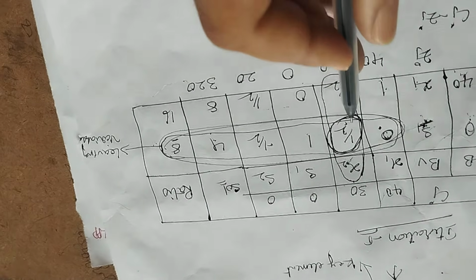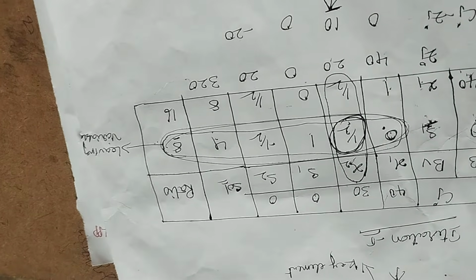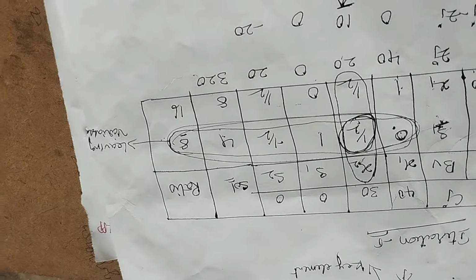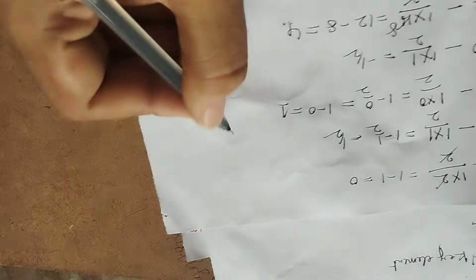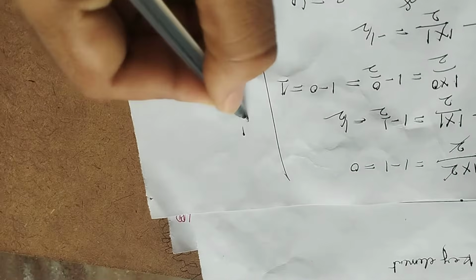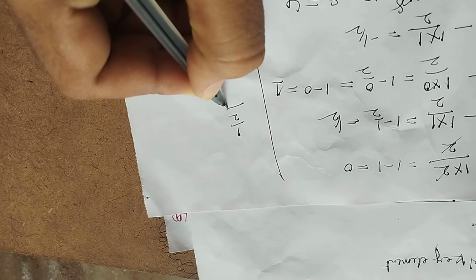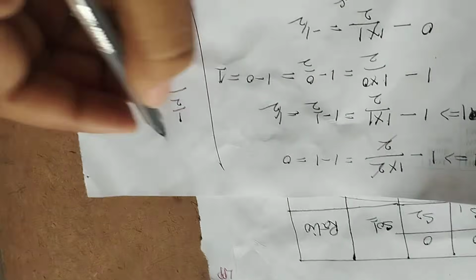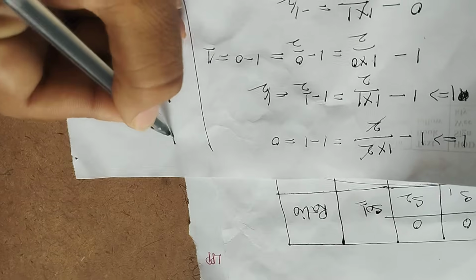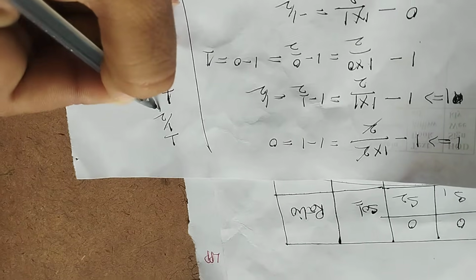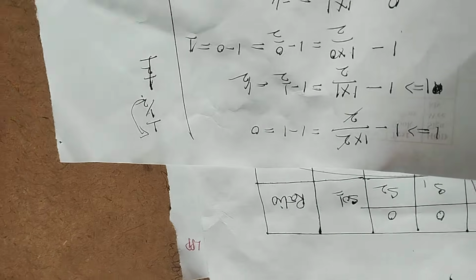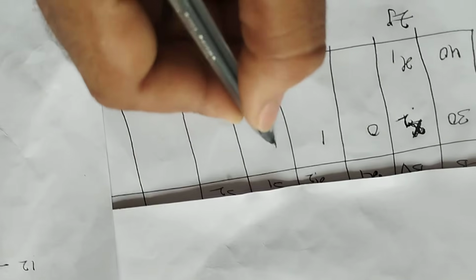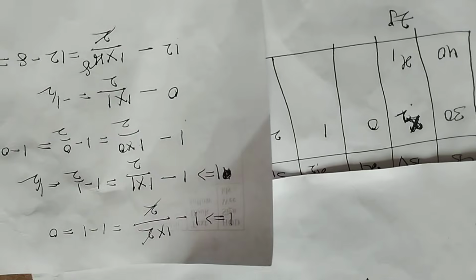Next, 1 by 2 divided by 1 by 2 is 1. Then 1 divided by 1 by 2, the 2 goes into the numerator, so the value is 2.